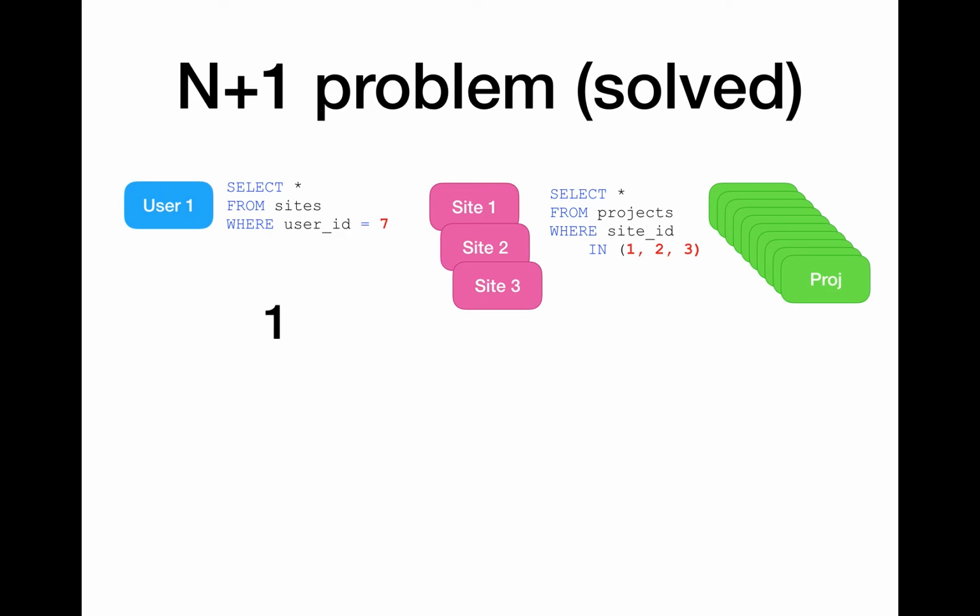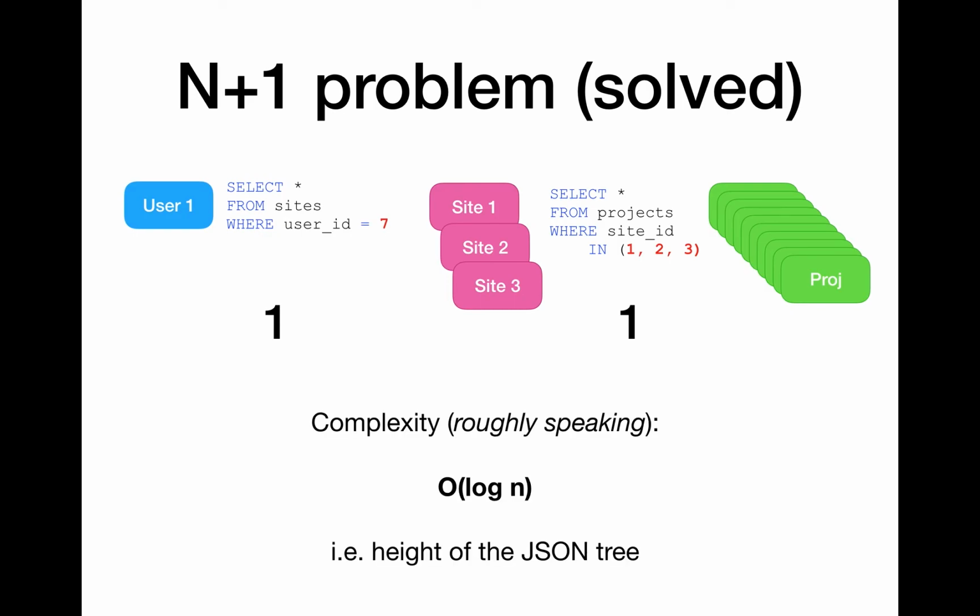But now this is one query, and this is one query, and basically we've reduced the complexity of the implementation, very roughly speaking, from an order of n to an order of log n. So instead of going to the database once for each entity in our response, we'll go to the database once for each level of the tree, which is a much better order of complexity.